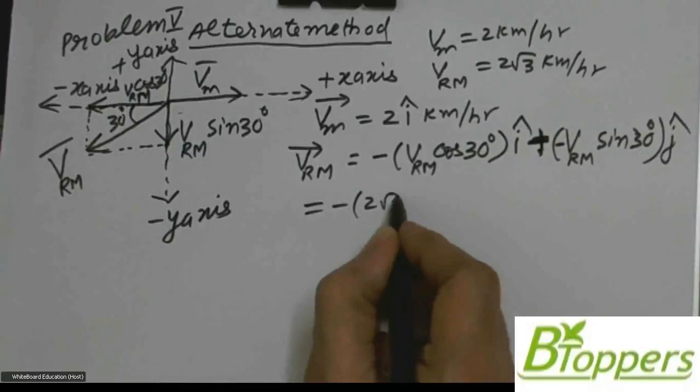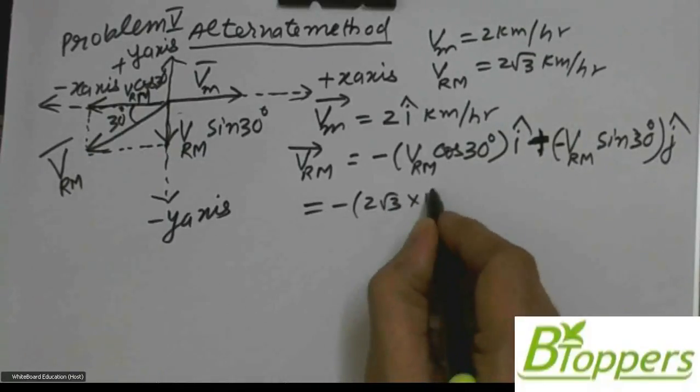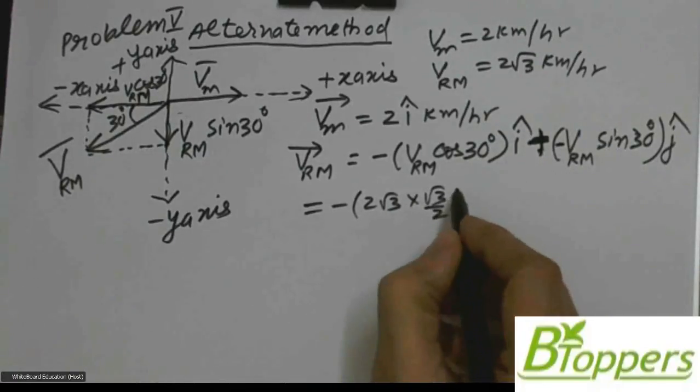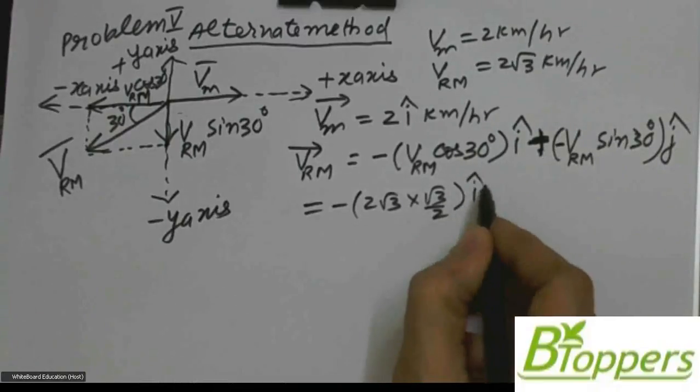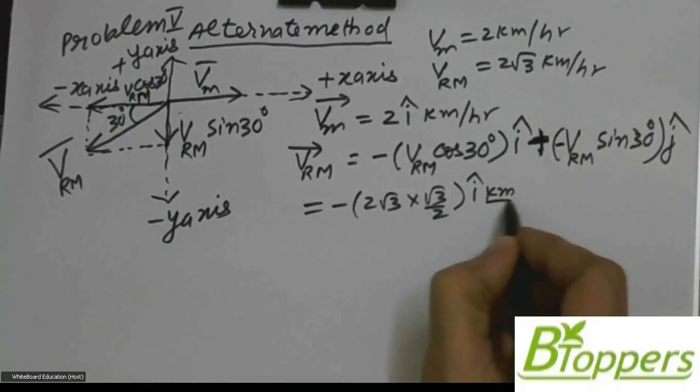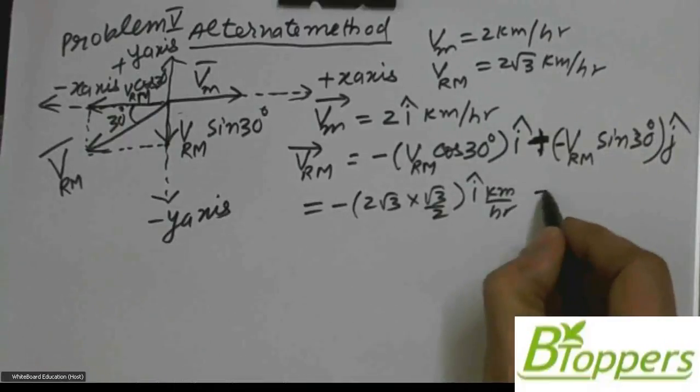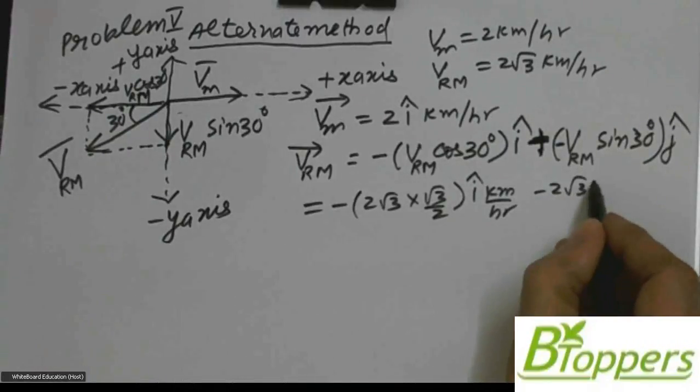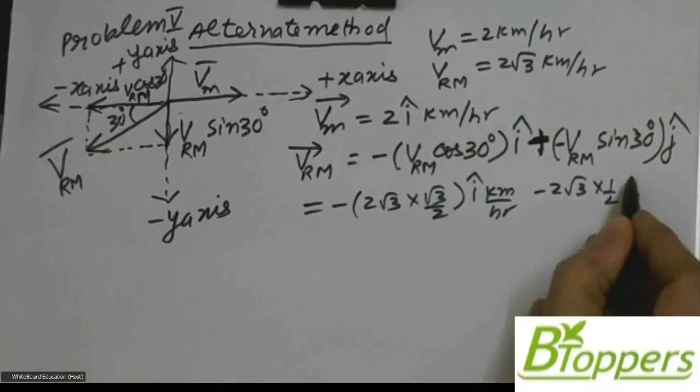So minus 2√3 into cos 30 degrees, which is √3/2. Minus 2√3 into sine 30 degrees, which is 1/2.